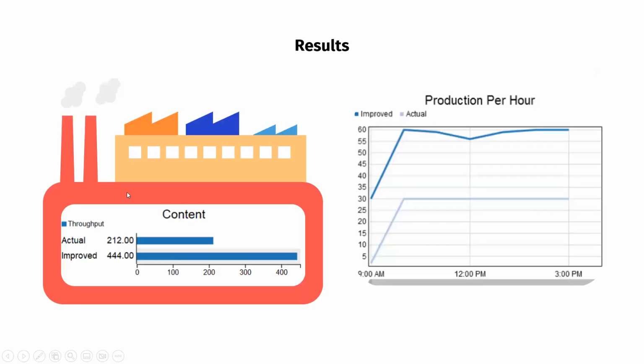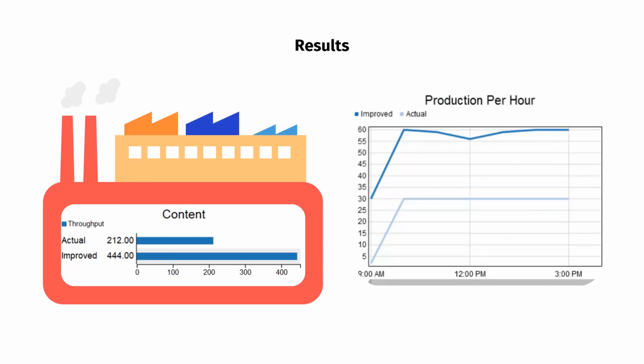As we can see, there's some difference in the production by those two processes. In the actual one, in an 8-hour workday, we have 212 packages, and in the improved one, we have 444 packages at the end of the day.